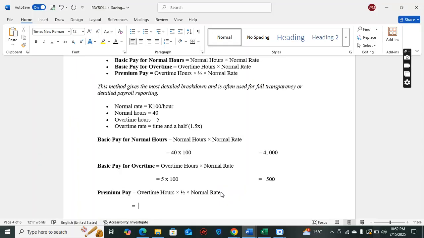So overtime hours, 5 hours times half times 100. 5 times half, 2.5. 2.5 times 100, 250. 4,000 plus 500, 4,500, plus 250, 4,750.